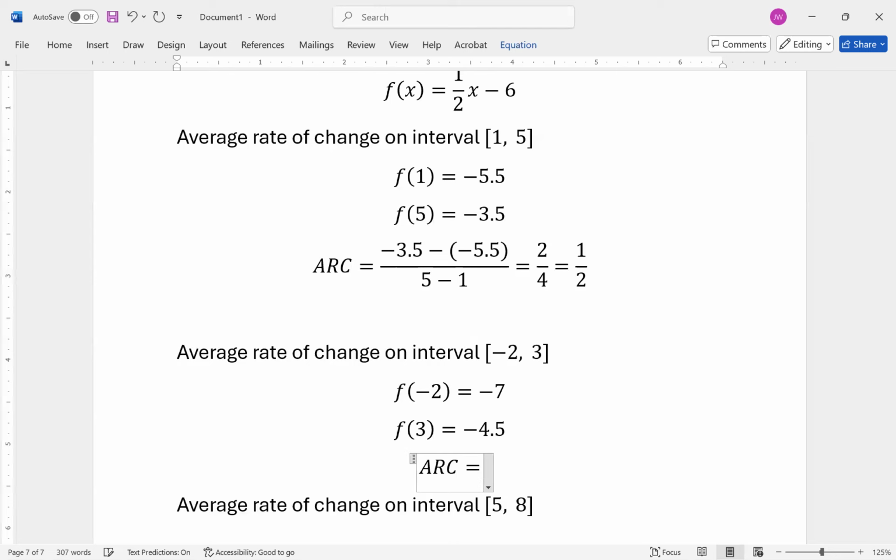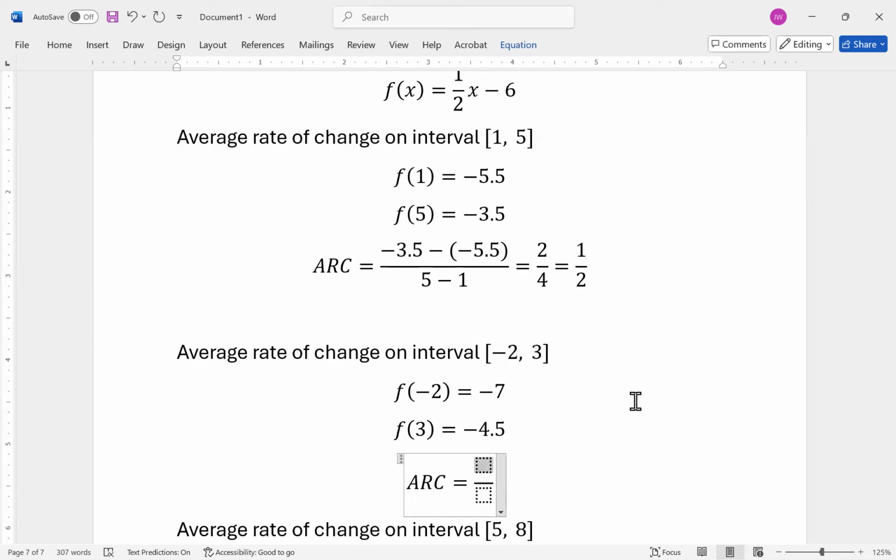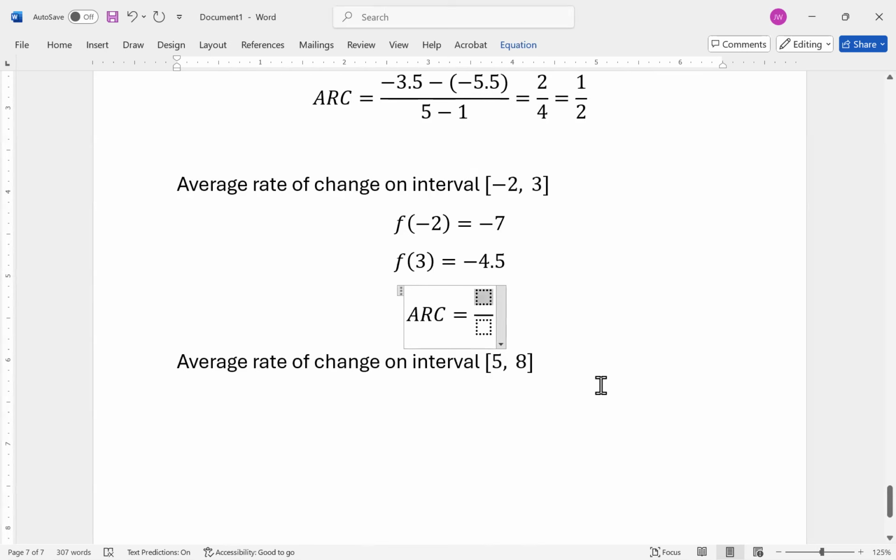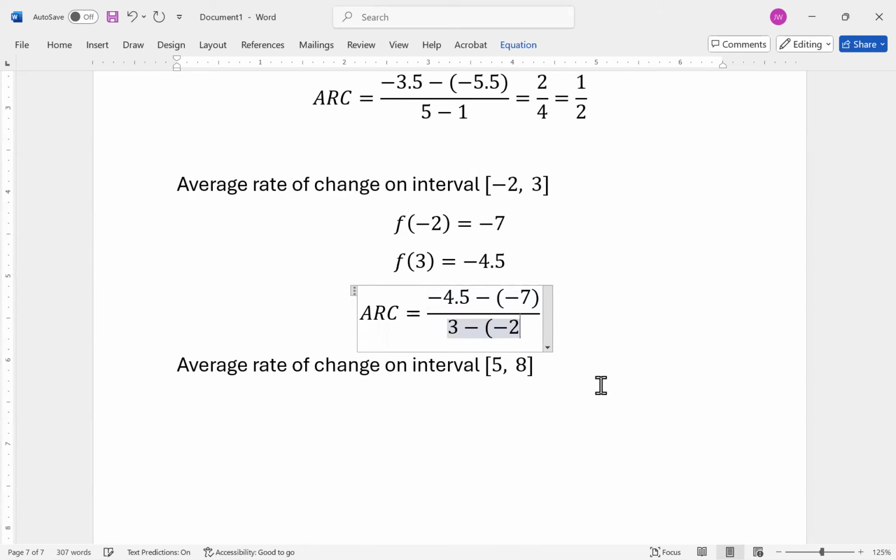So the average rate of change, which I am writing ARC in shorthand, becomes negative 4.5 minus negative 7 divided by 3 minus negative 2, change in y values divided by change in x values.